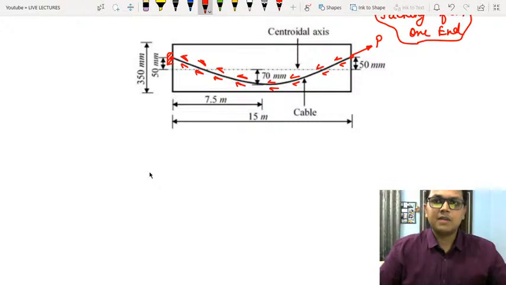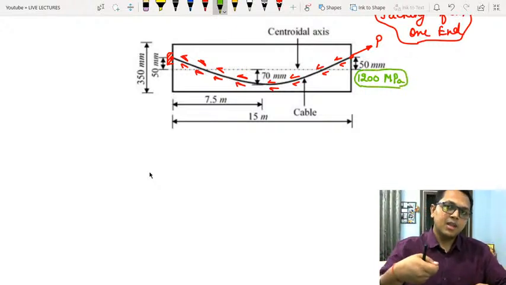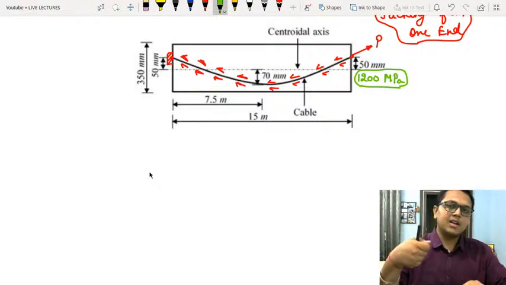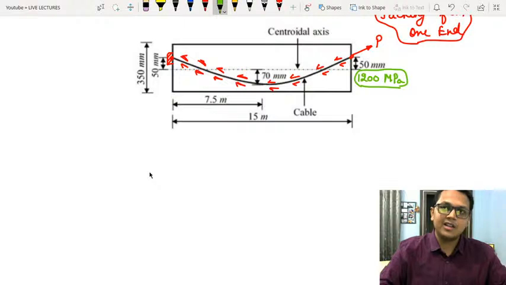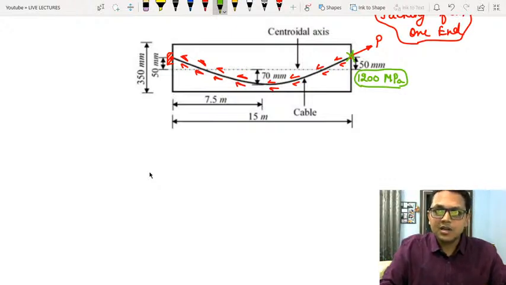Due to this friction force, suppose we need a pre-stressing force of 1200 megapascal along the length of the cable. Now due to the friction, when the cable is stressed to 1200 megapascal at this end, as we move from this point to this point, there will be loss of, let us say, 50 megapascal.